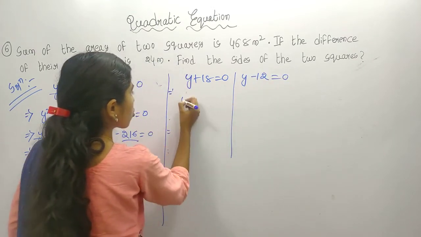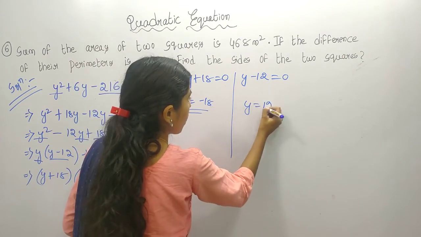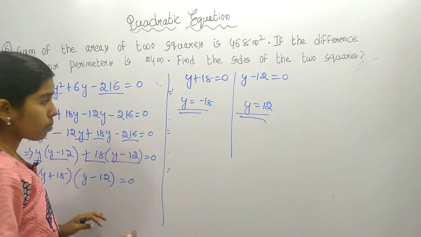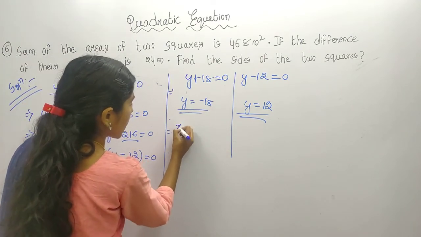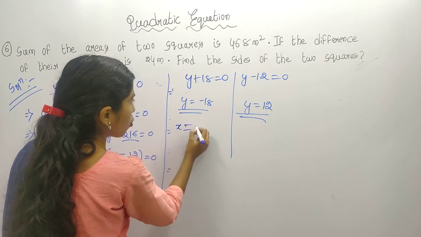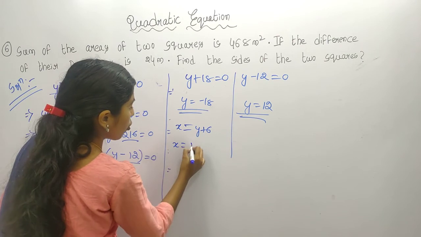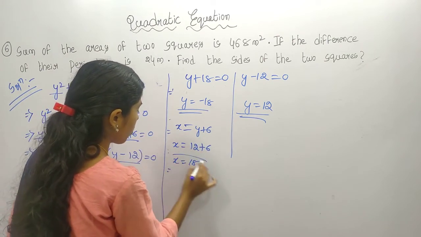Okay, so y equals minus 18. Here y equals 12. Okay, so it's given: find the sides of the two squares. Okay, so what we took, you see, x equals y plus 6. So x equals 12 plus 6. So x equals 18.